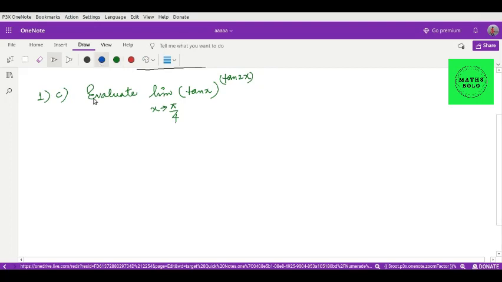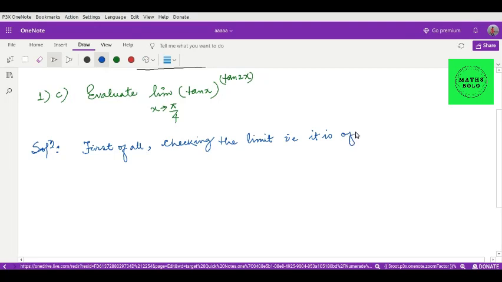So the solution goes like this. First of all, checking the limit, it is of which form.